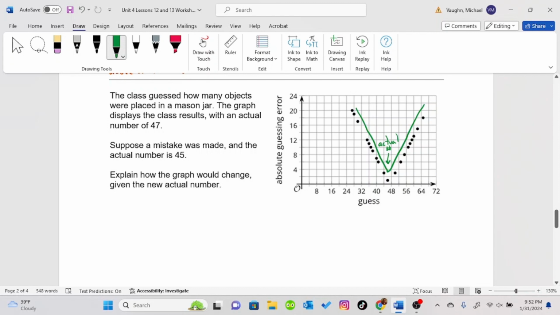So now, if we change this and say instead of 47, the actual number is 45, this V shape just shifts to the left 2 spots.